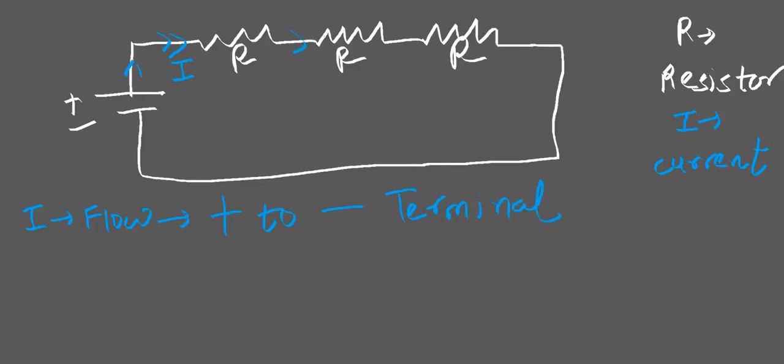Just like this, from positive to negative. Now this circuit is a series circuit. Why? Because the current I has only one path to flow. Isn't it? That's why you call it a series circuit.